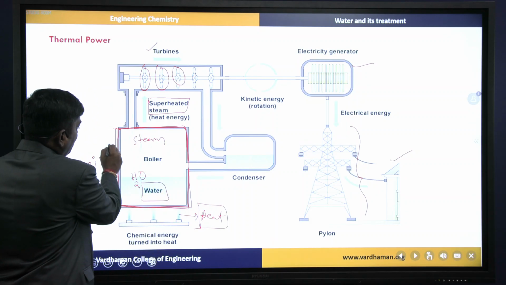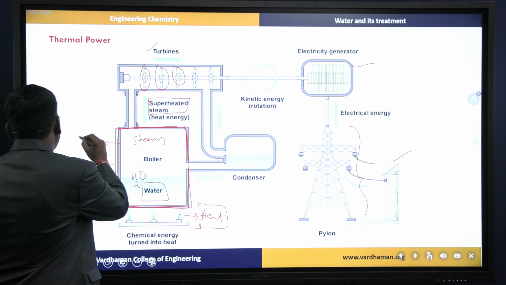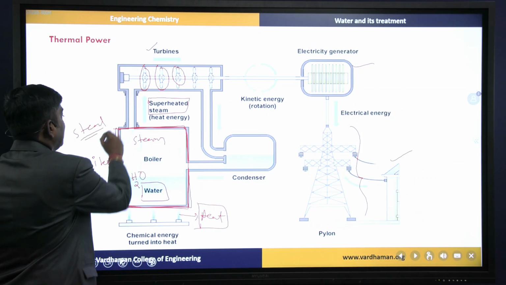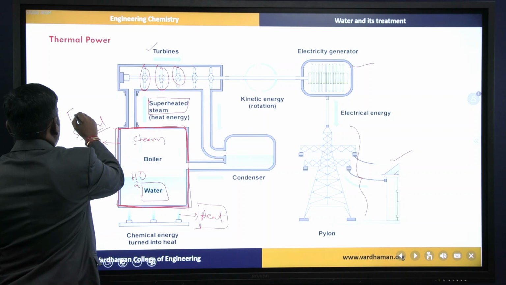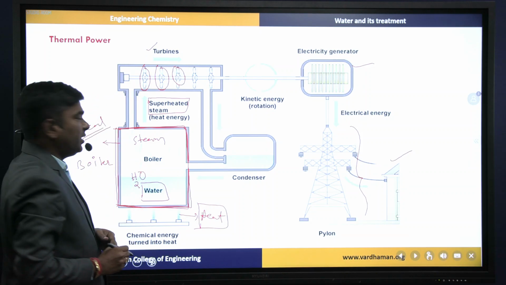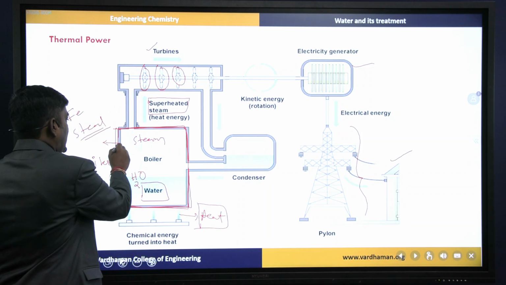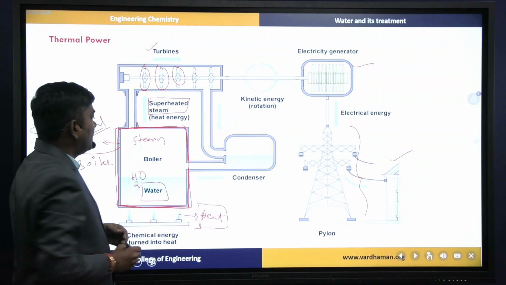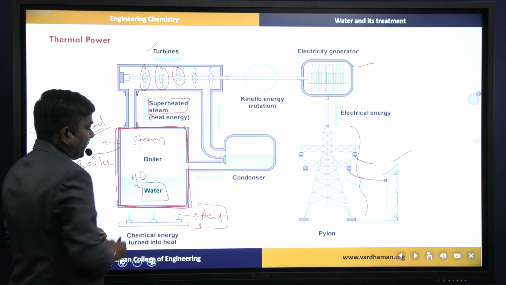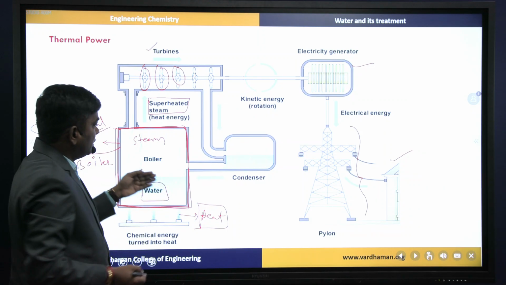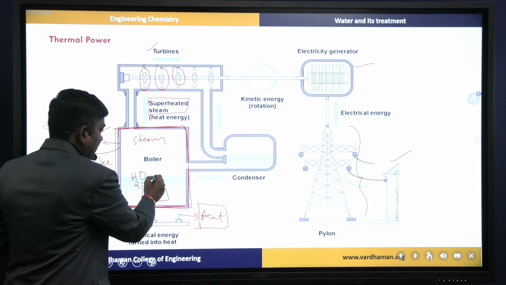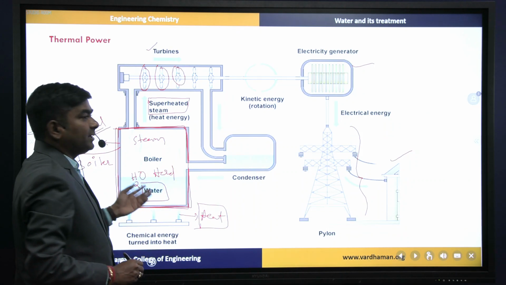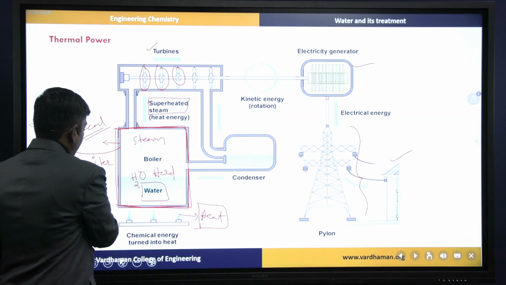The boiler wall is made with steel. As we know, steel is an alloy and the major composition in steel is iron. So a boiler wall is generally made with steel or iron. If the water we are using to convert into steam is hard water, it may contain dissolved salts.